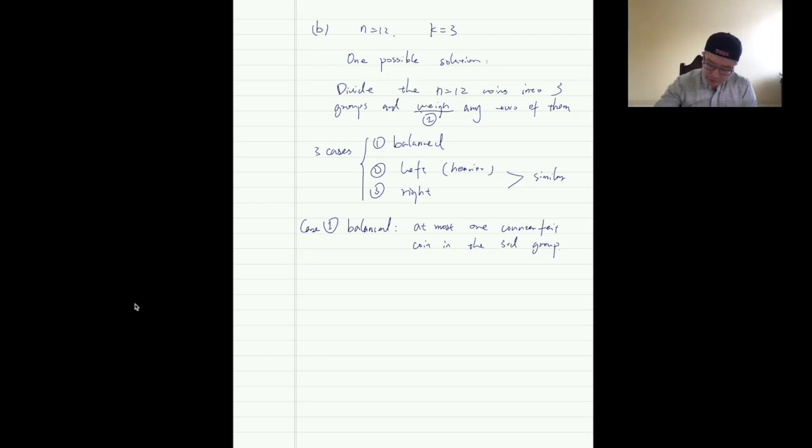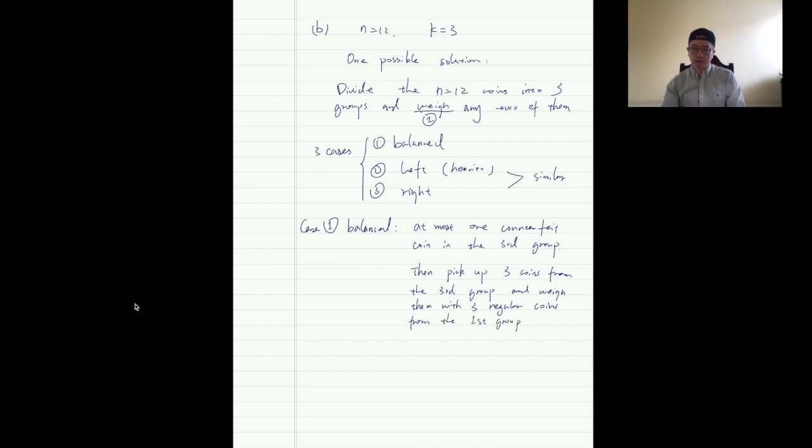So what we do is that we pick up 3 coins from the third group and weigh them with 3 regular coins. For example, from the first group, right? It's okay to take from any group, first or second, okay? And here we say this is our second weighing, right?